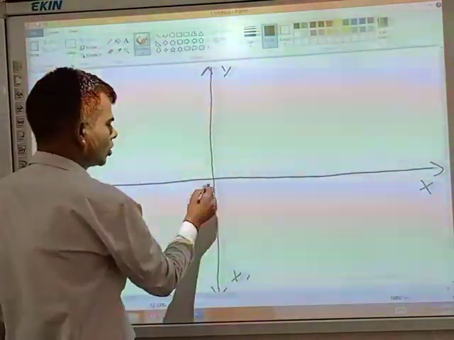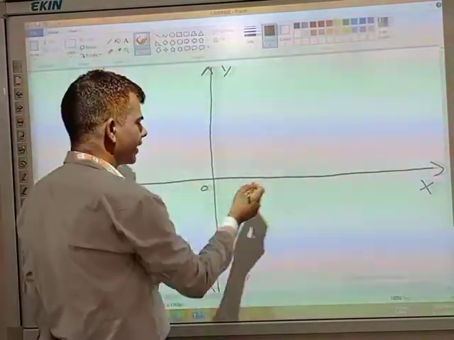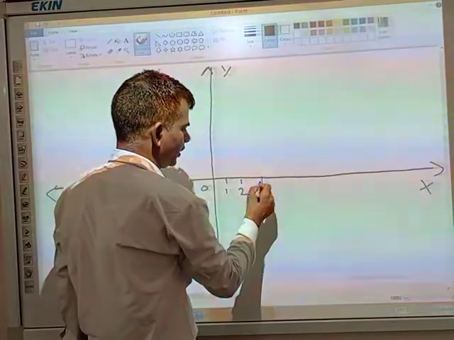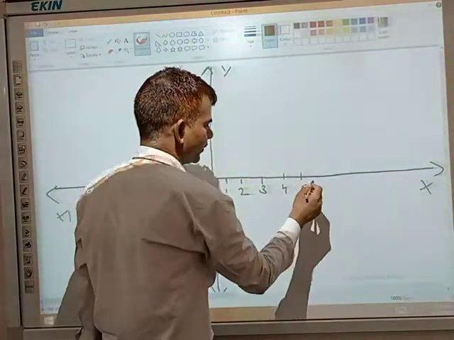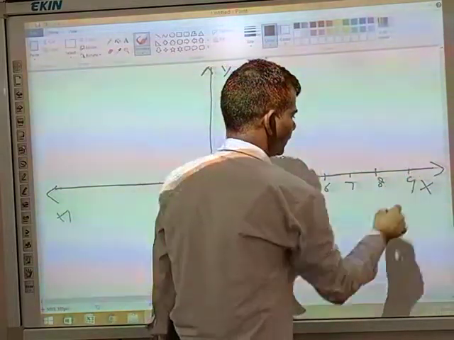Now students, this is your origin. You require the points up to 7 and 9. This is the positive x axis: 1, 2, 3, 4, 5, 6, 7, 8, 9.